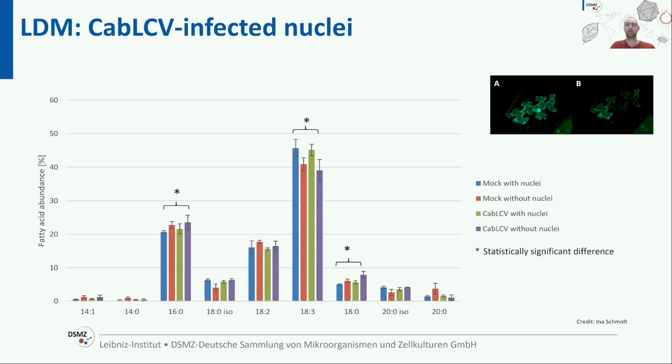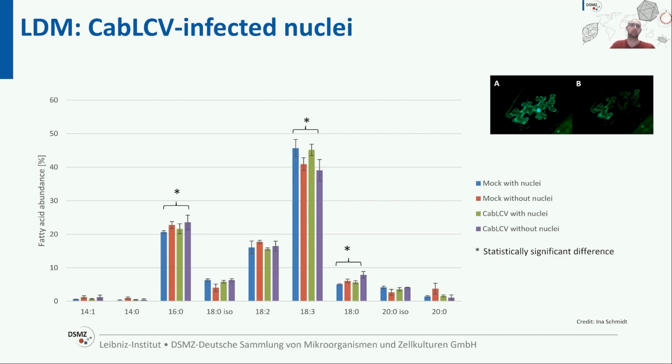Therefore, she used an inverse approach, so to say. So we again peeled the epidermis, used the ABMV GFP or cabbage leaf curl GFP, which shows us which cells were viral infected with the GFP signal. We then removed the nuclei with a laser and analyzed the tissue within our metabolomics facility.